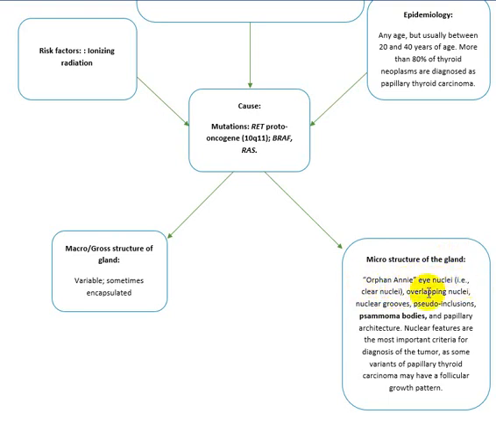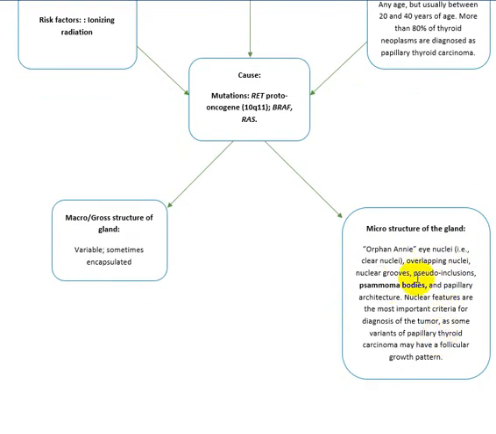The patient is going to have clear nuclei, overlapping nuclei, nuclear grooves, pseudo-inclusions, psammoma bodies, and papillary architecture. All these are seen in papillary thyroid carcinoma, which may have a follicular growth pattern.